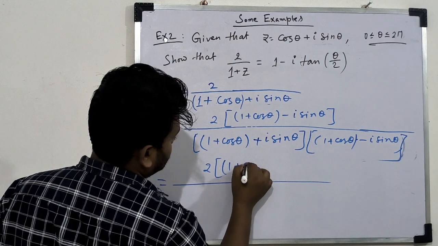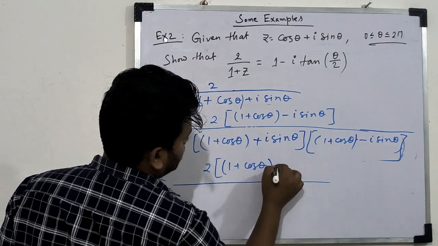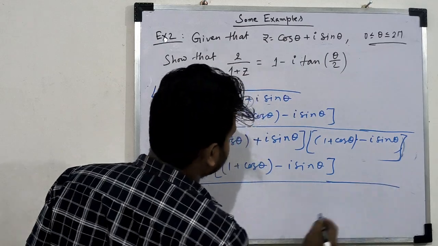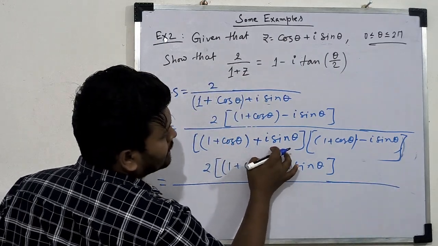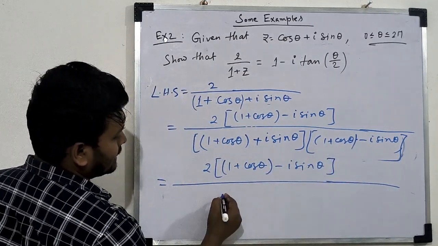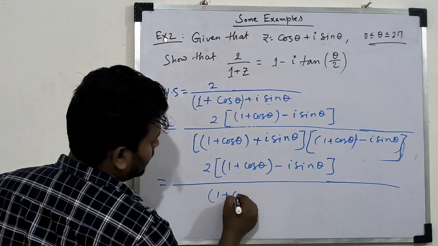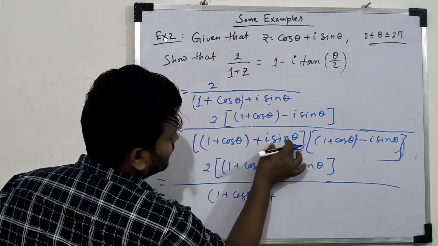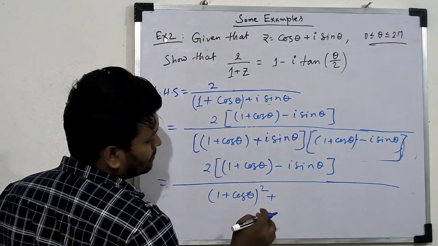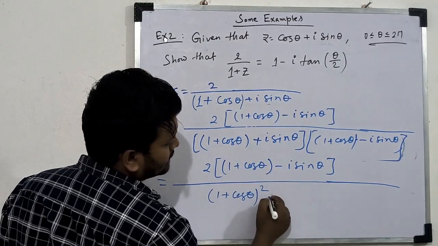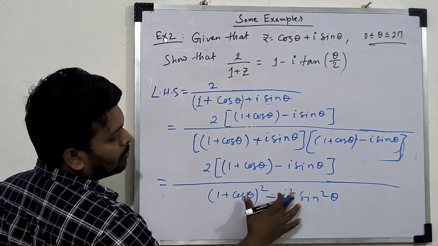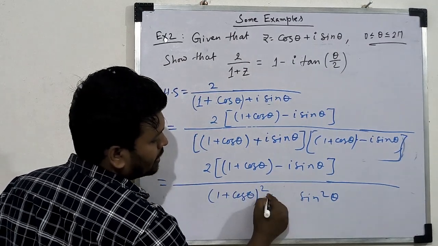So from this the numerator is unchanged, cos θ − i sin θ, and the denominator will be (a + b)(a − b), that is a squared − b squared, that is (1 + cos θ) squared − i squared sin squared θ, and as i squared = −1, this becomes plus.